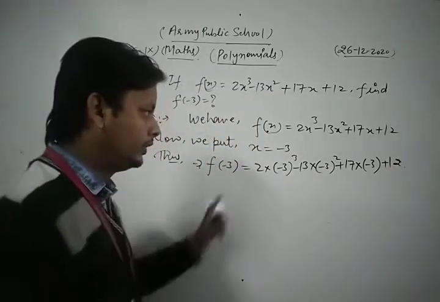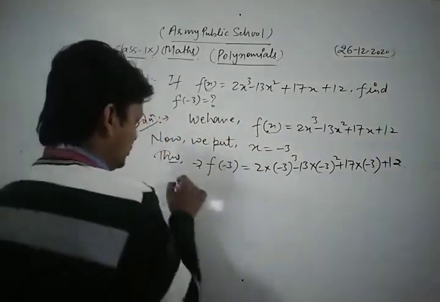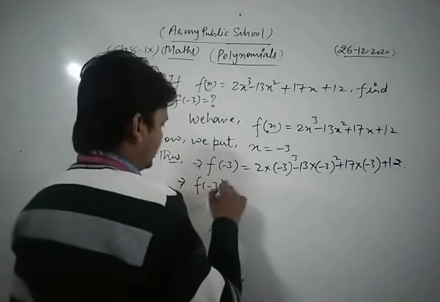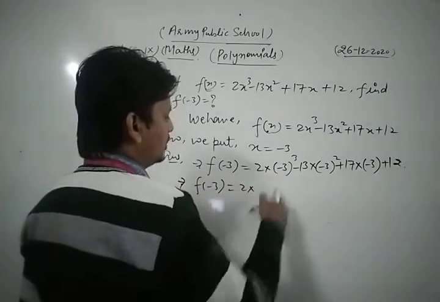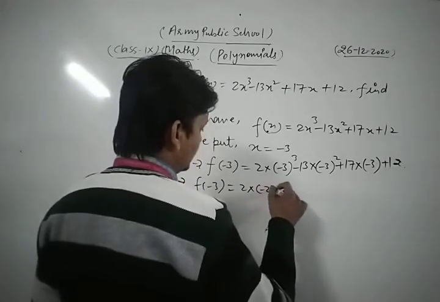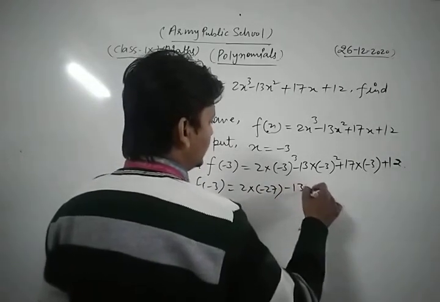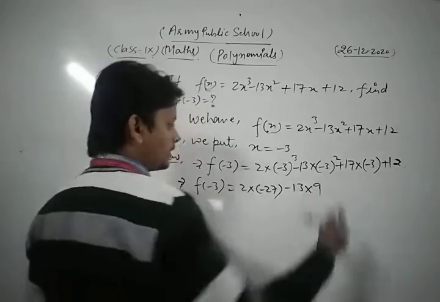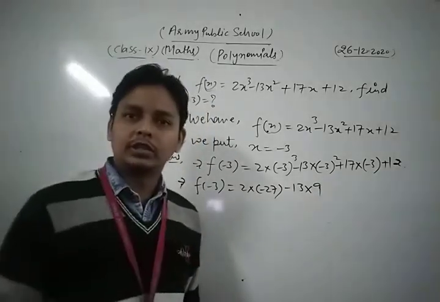Now we simplify them. Let's see, dear friends, f of minus 3 is equal to 2 into minus 27, since 3 times 3 is 9, times 3 is 27, and minus 13 into plus 9, since the square of a minus becomes plus.